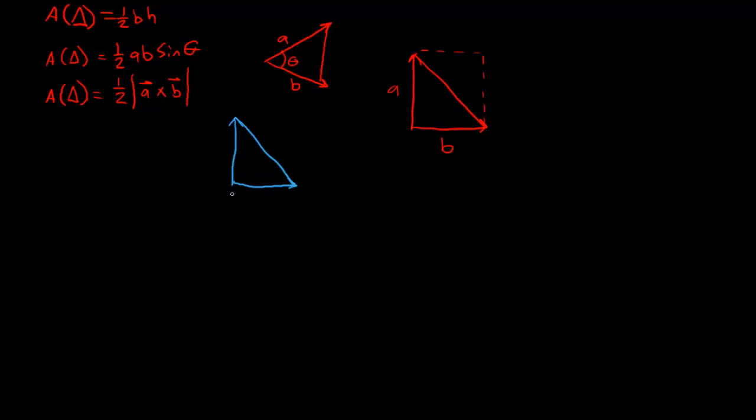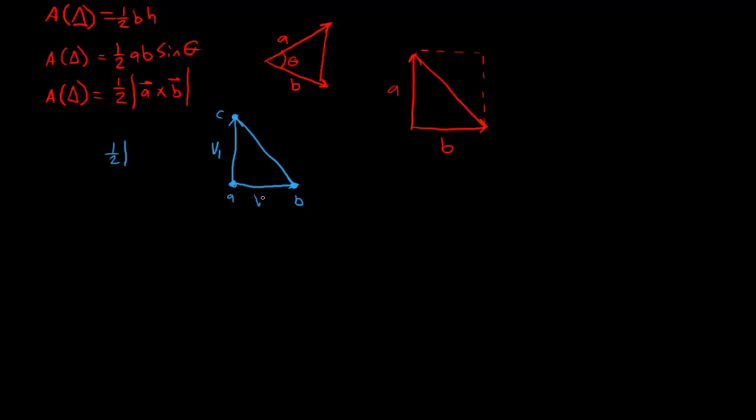There it is. And we're going to do this all in variables. So we'll say this vertex here is A. This vertex here at the base is B. And this vertex up here is C. And what we're going to do is take 1/2 the cross product.